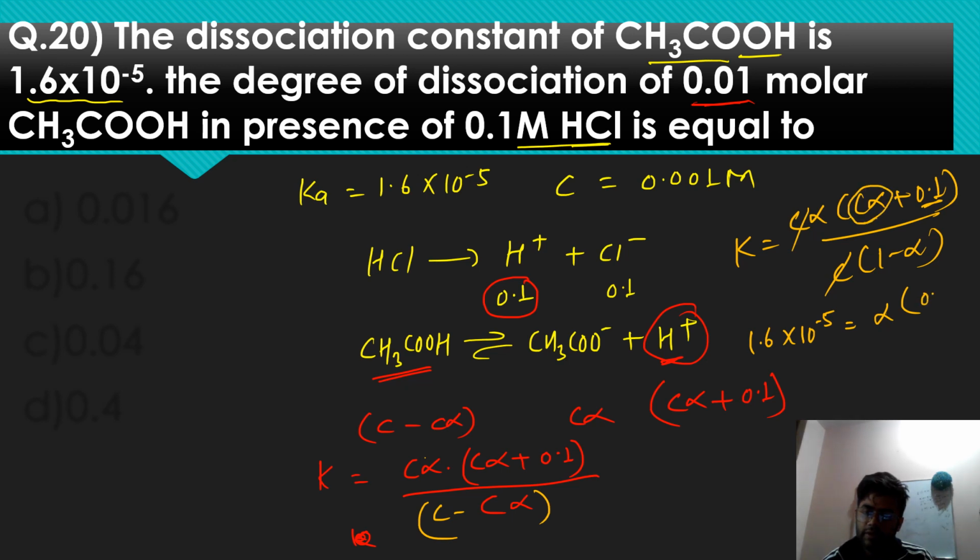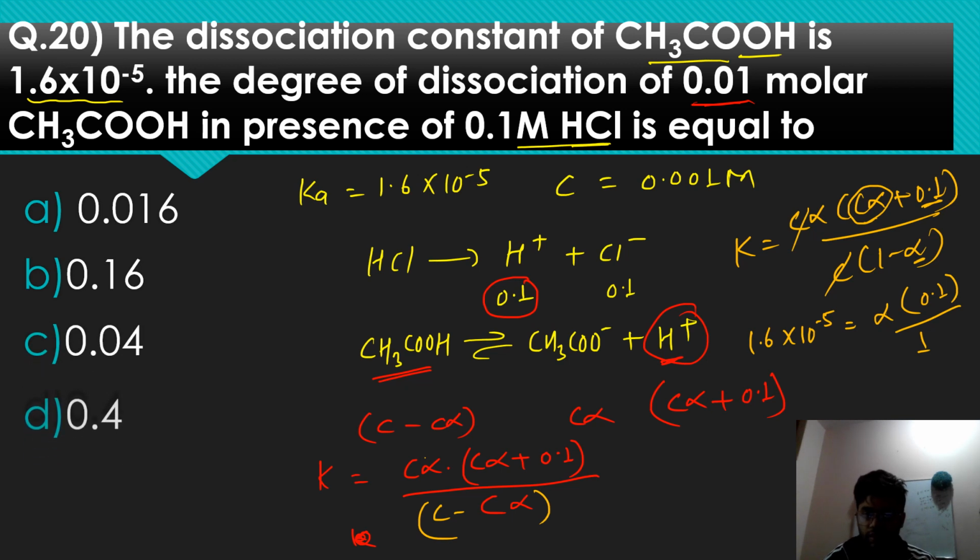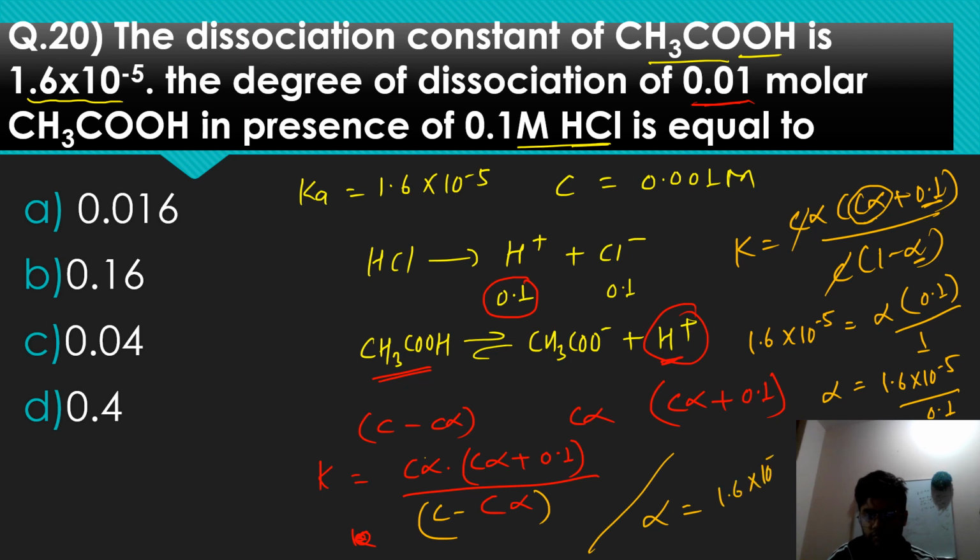Then 0.1 divided by 1 minus alpha. Alpha is a very small value, so we can neglect it, and 1 minus alpha is nearly equal to 1. Therefore alpha equals 1.6 into 10 to the power minus 5 divided by 0.1. Then alpha equals 1.6 into 10 to the power minus 4.